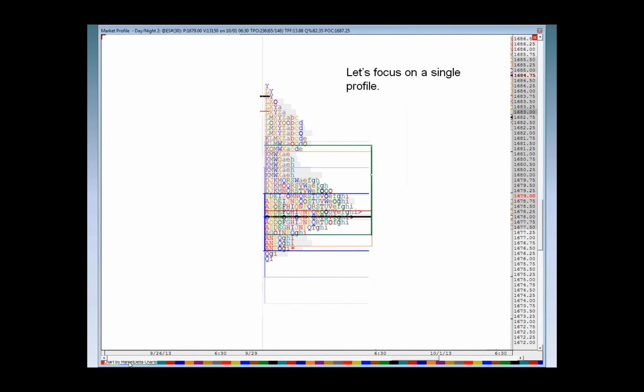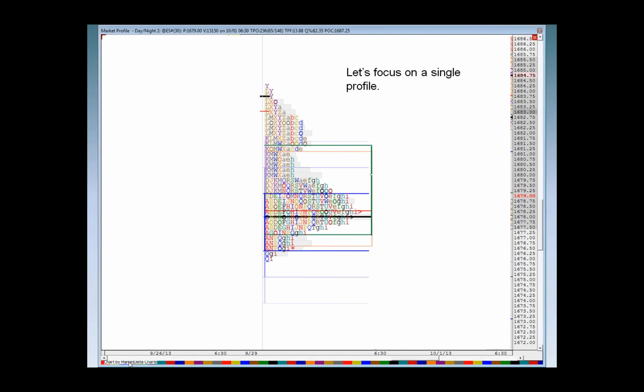And before we even focus on this one, let me tell you that a profile is usually most useful once it's completed. Once it's completed, I have a number of key reference points on that profile from the session that was completed. I begin to use that information for the following session.